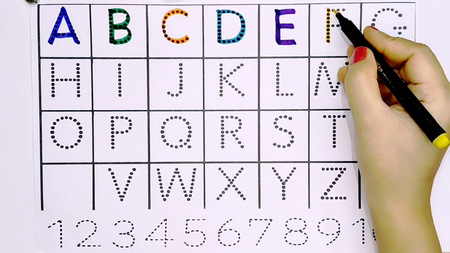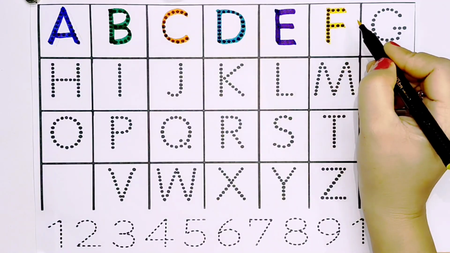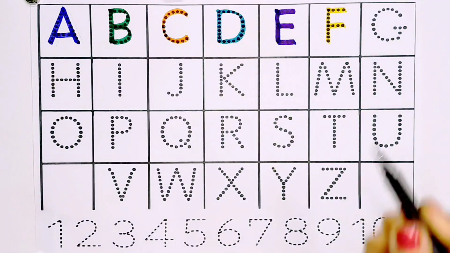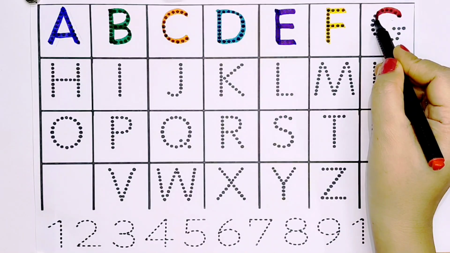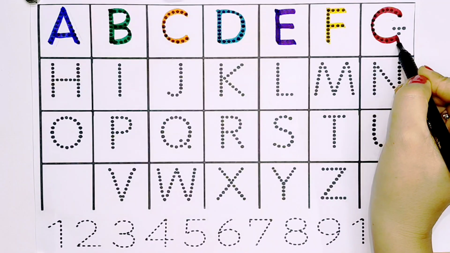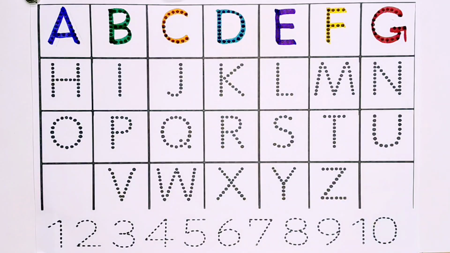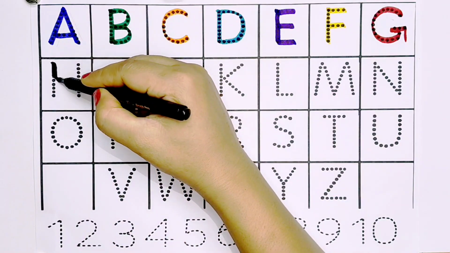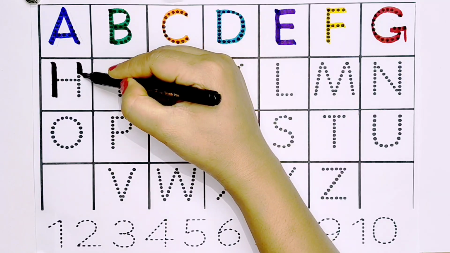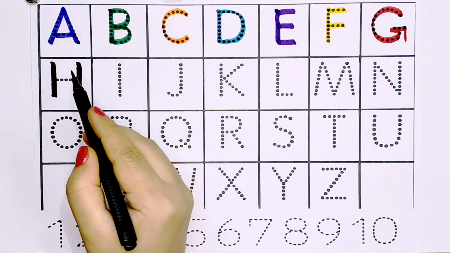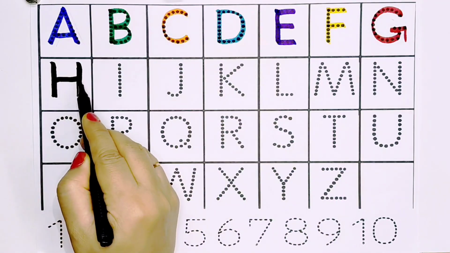F. F for fish. G. G for goat. H. H for helicopter.